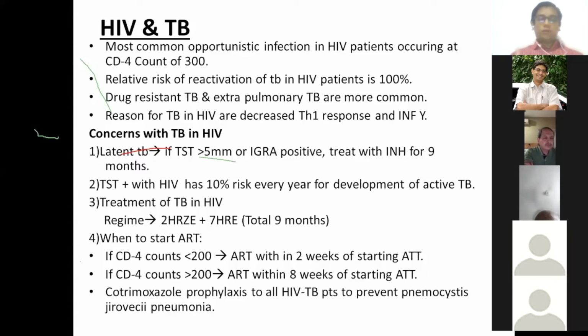In fact, it won't be wrong even to get a CT scan with contrast, because in India the chances of having active TB at the time of HIV diagnosis are far more than having latent TB. Secondly, about CD4 less than 200, the time when we start ART entirely depends on where the TB is. If it is a critical organ like CNS TB, then it is better to delay up to almost 4 weeks after starting ATT.